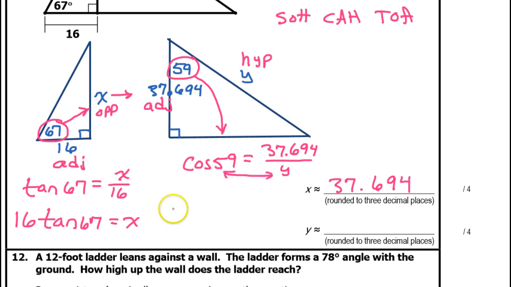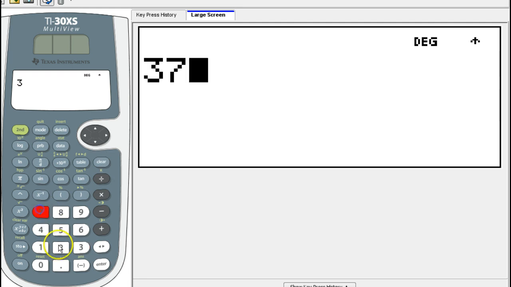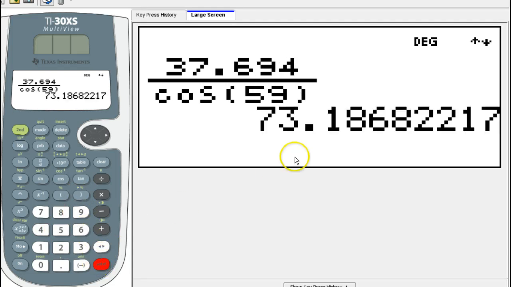So that's going to give me y is equal to 37.694, I meant to say, over cosine 59. I forgot what the number was. 59. So 73.187. Got to round up.